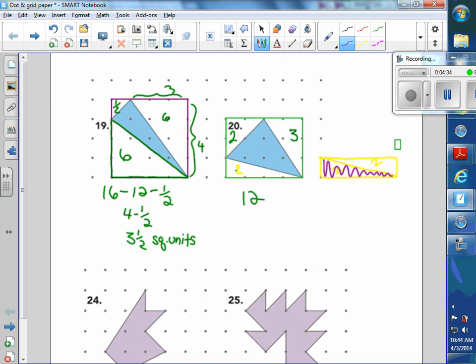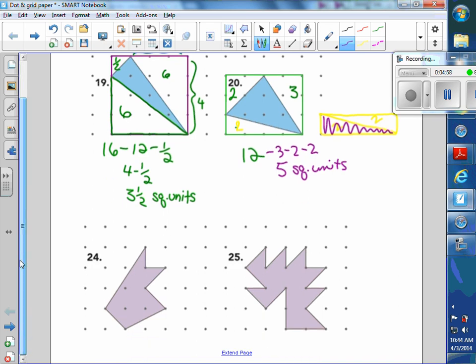So I'm really going to do 12 take away 3, take away 2, take away 2. And you get a magical whopping 5. That's a great build-up, right? 5 square units, right? So far, so good? Okay.